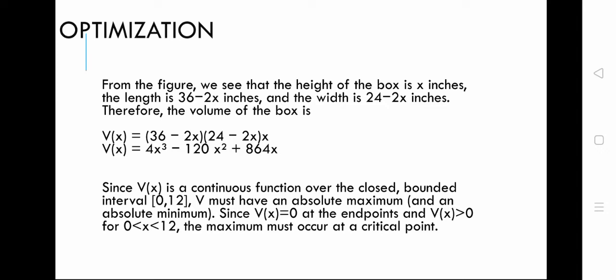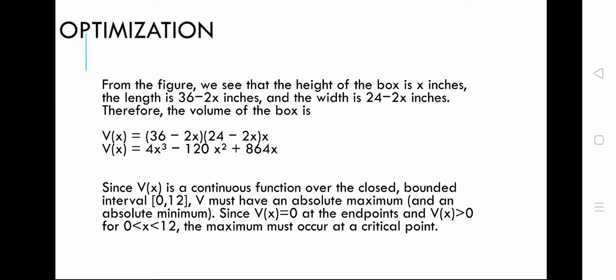So ito yung another part na kailangan natin magkaroon ng restriction sa physical situations, like parang hanapin natin yung value ng x kung saan lang siya possible mahahanap. So let's set up intervals. Since V of x is a continuous function over the closed bounded interval 0 to 12, V must have an absolute maximum value and an absolute minimum.